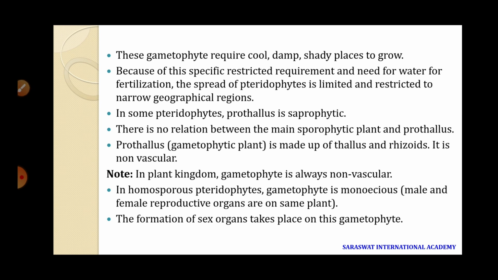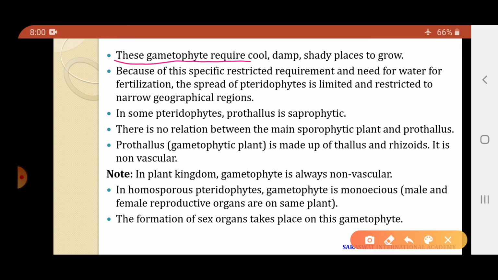Now students, the gametophyte it requires cool, damp, shady places to grow. I told you earlier, and because of this restricted development, we see that they are found only in the particular regions.